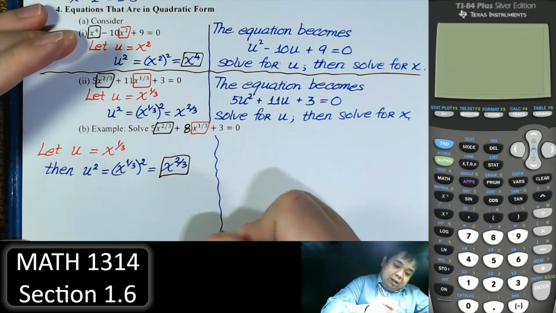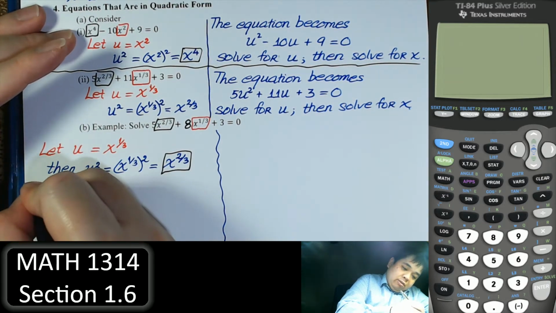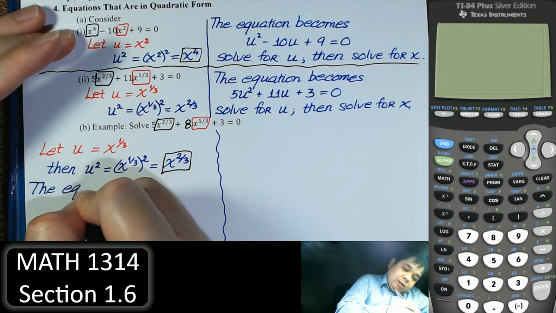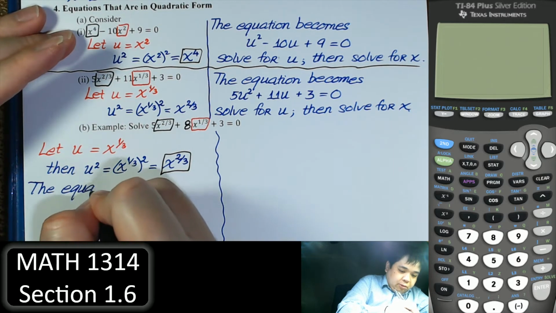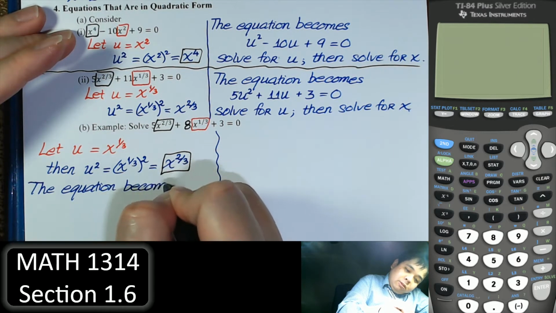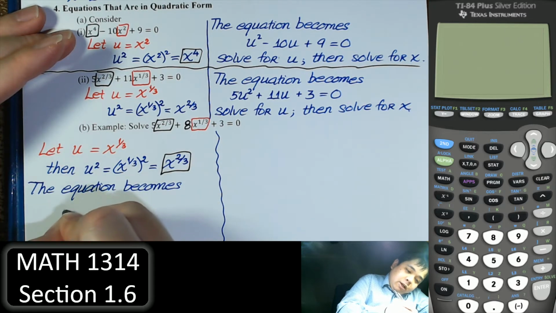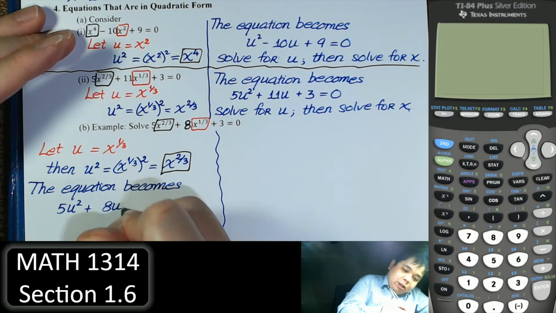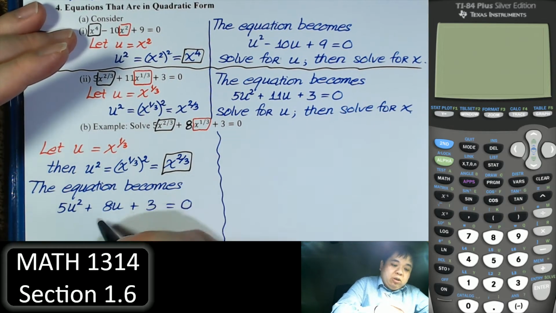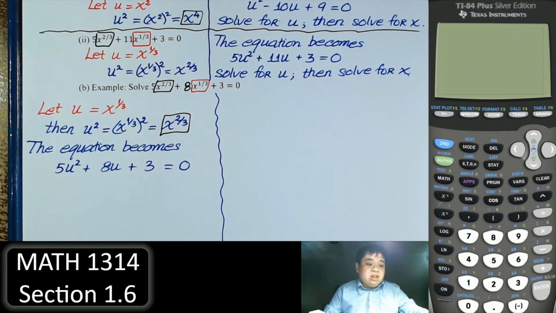So with that, the equation becomes 5u squared plus 8u plus 3 equal to 0. We changed the number from 11 to 8 so this can be factored easily.